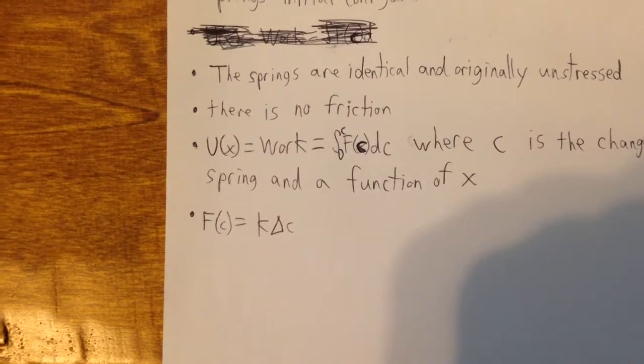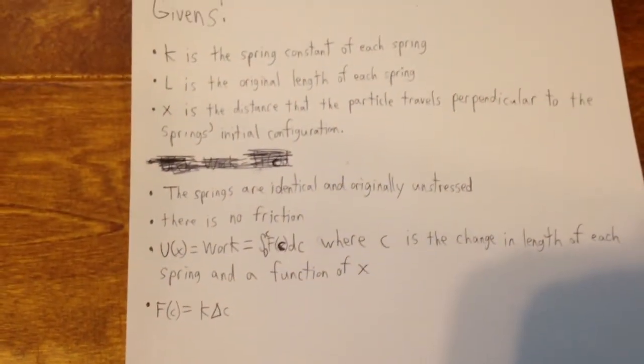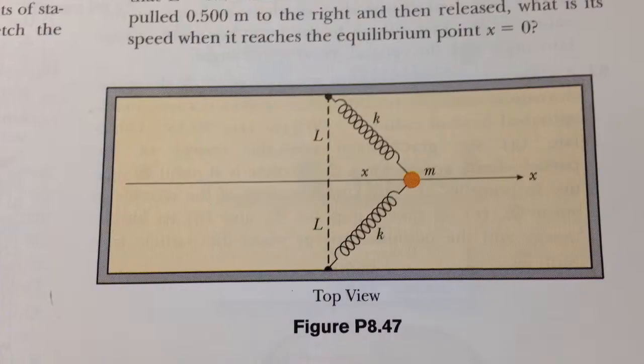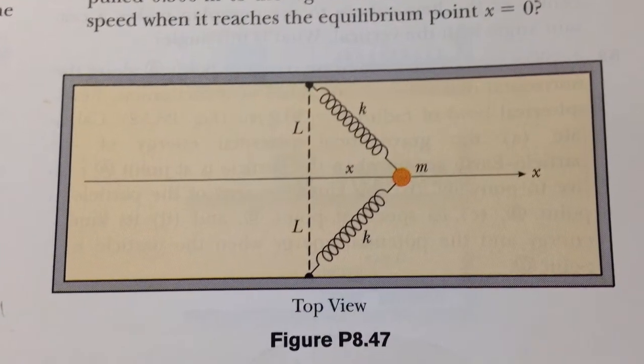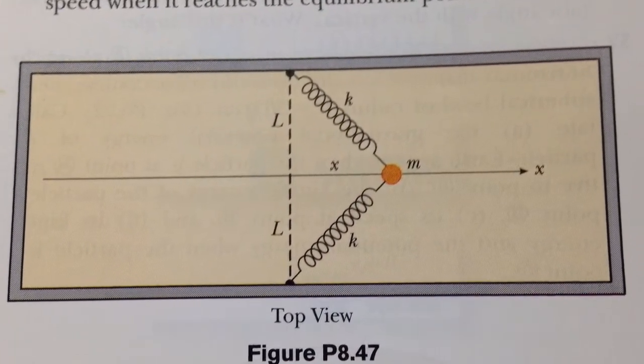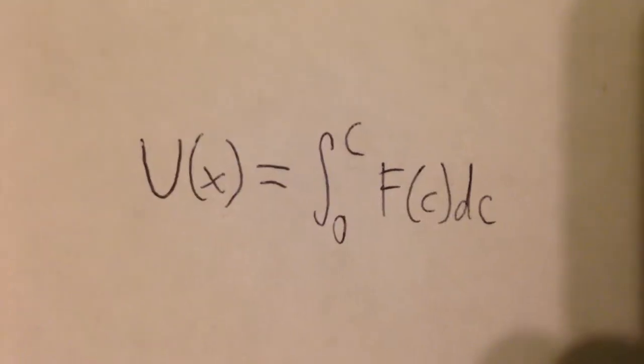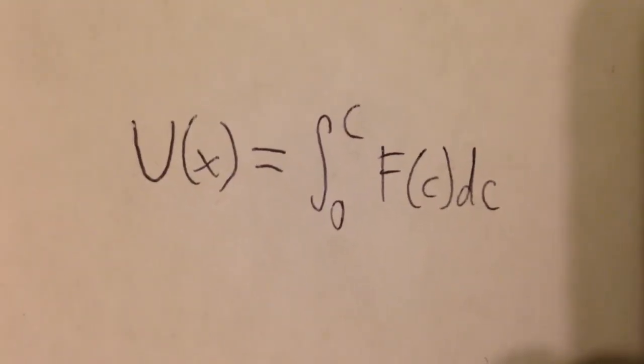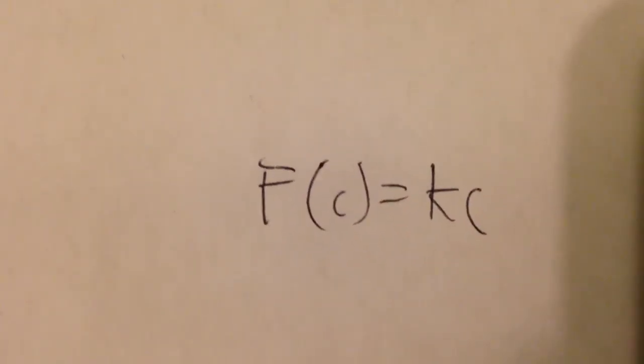So F of c is equal to K times c. Potential energy is the integral of force. And we know the force for a spring is K times c.